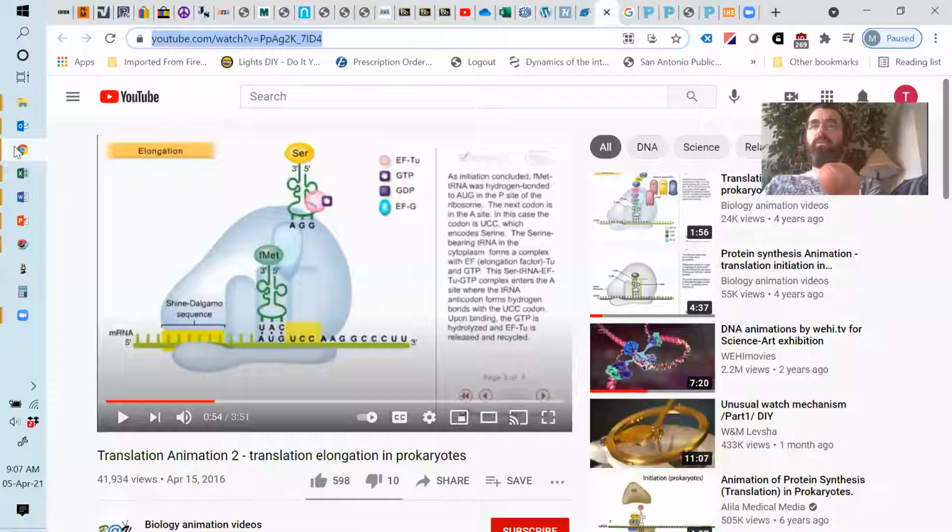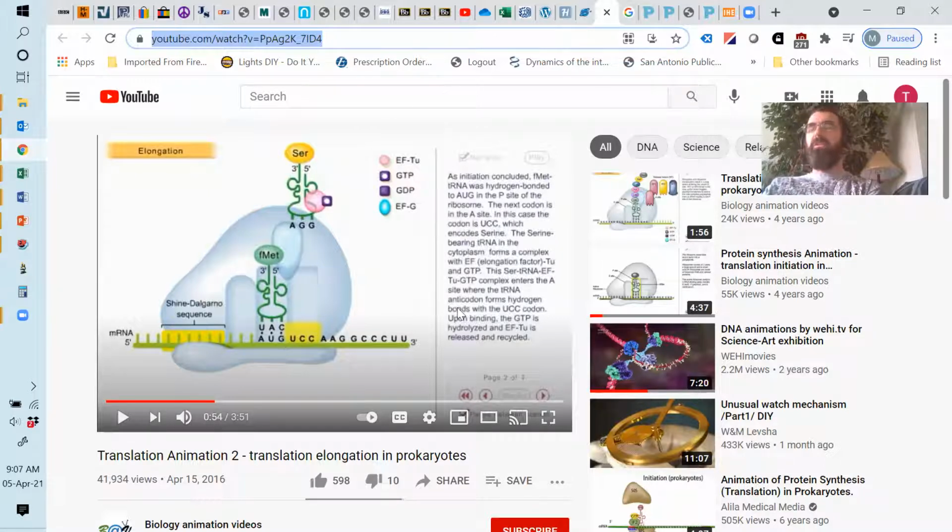All right, so essentially this all forms a complex of the new tRNA, right? So presumably these are hanging around as complexes anyway, basically waiting for their codon to come up.